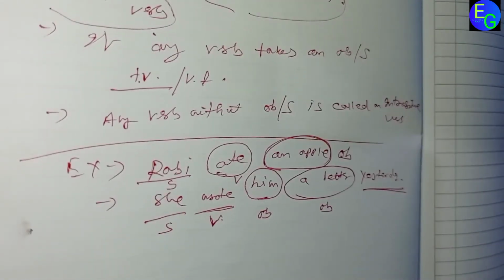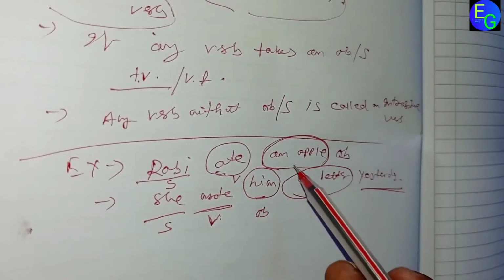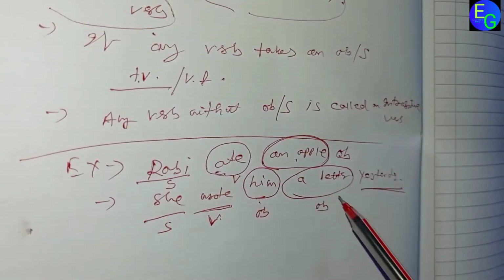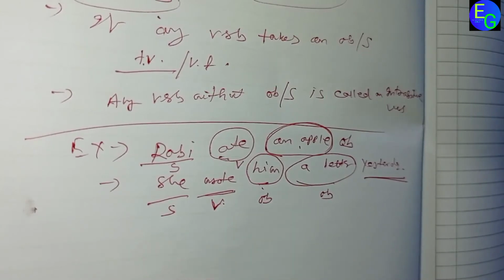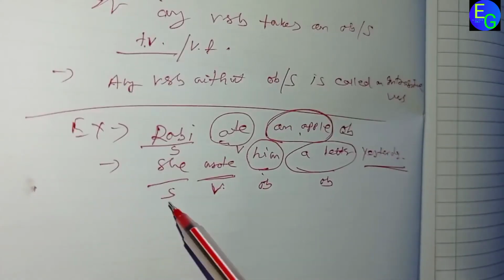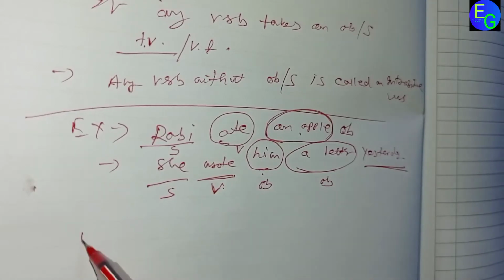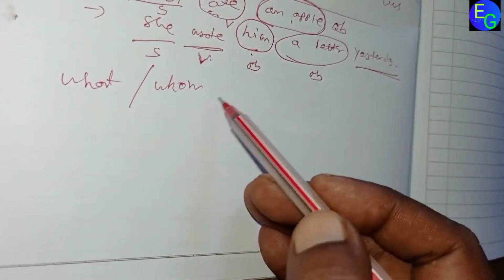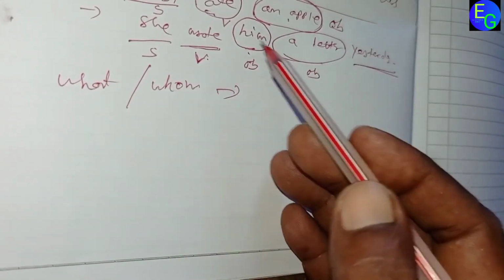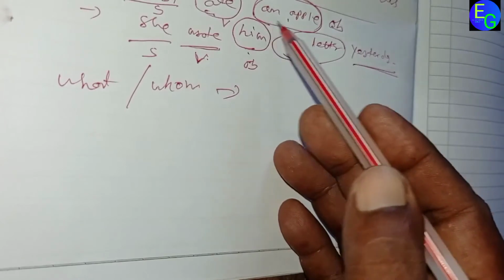You should remember here: how to know that an apple, him and a letter are objects? First, if you ask a question, what or whom, in this way we can get the answer. If the answer comes, the answer must be the object.